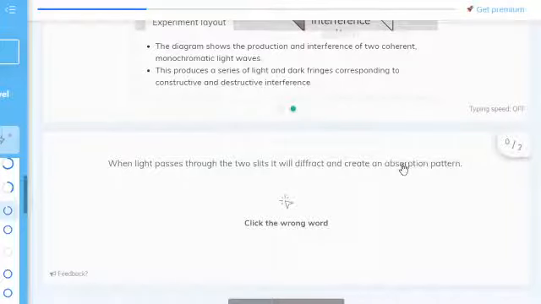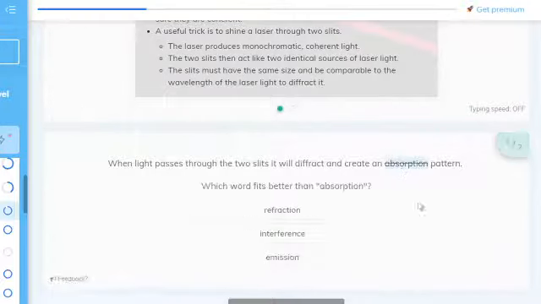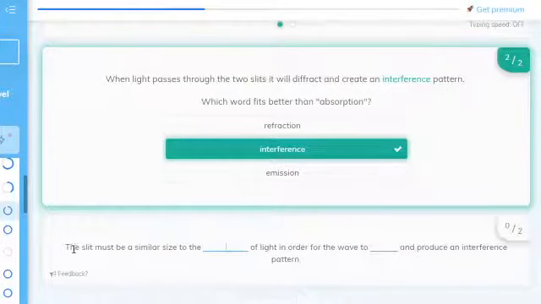It's not an absorption pattern, is it? I don't think it's an absorption pattern. Yeah, it's an interference pattern. So the slits must be a similar size to the wavelength of light in order for the waves to diffract and join up and produce an interference pattern.